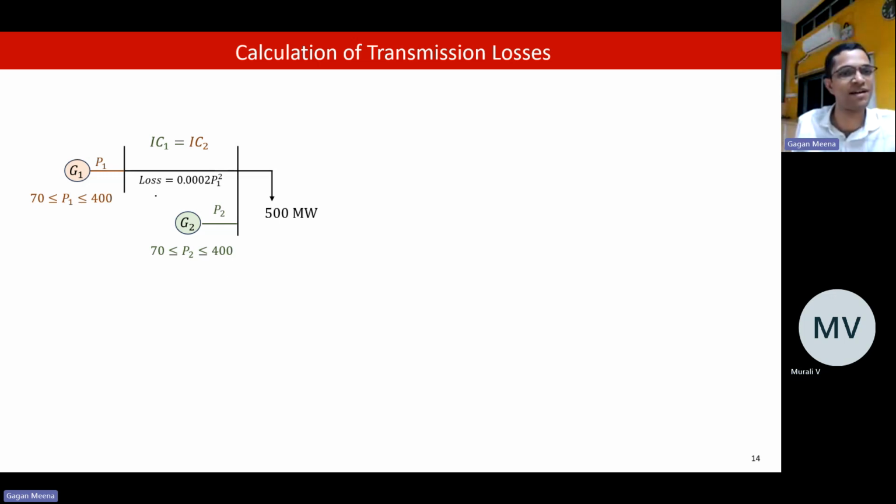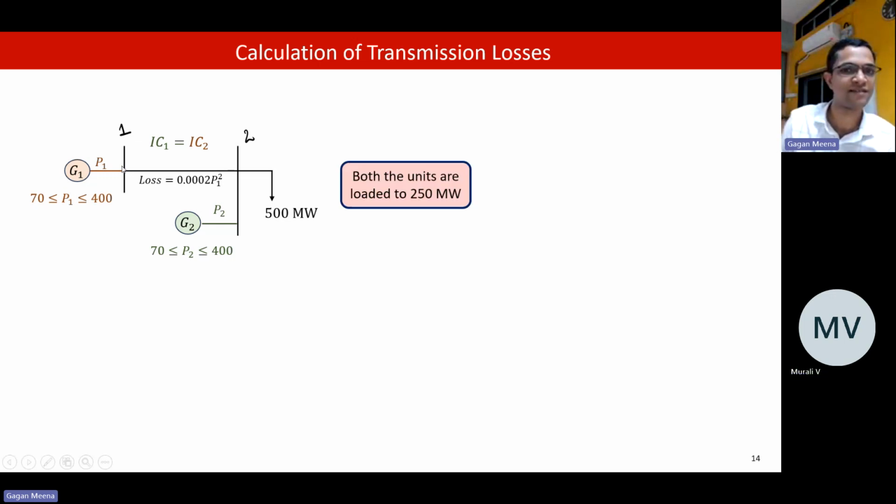If we have the same generator connected, one connected to bus 2 and another connected to bus 1, and this is connected to bus 2 via a transmission line. Both are identical generators. They want to meet a 500 megawatt load. Because both are identical, let's say we load both of them by 250 megawatts.